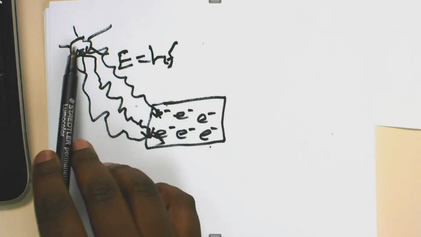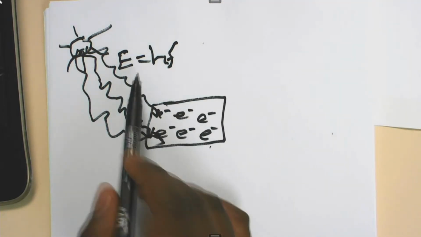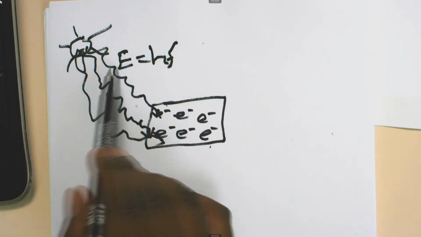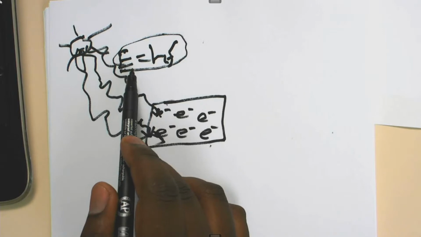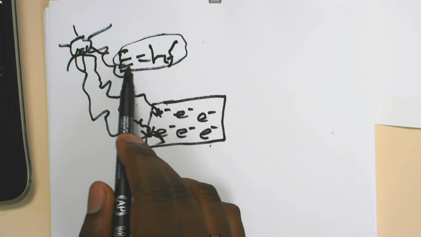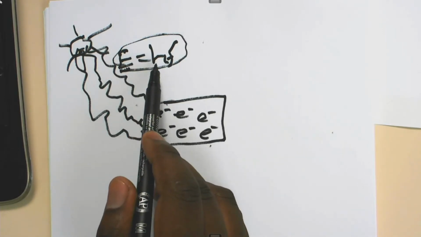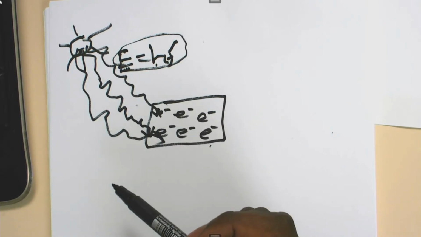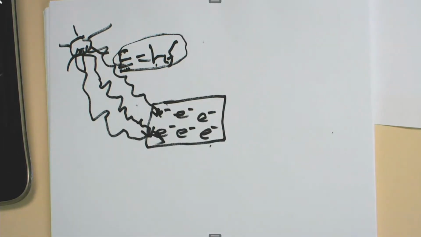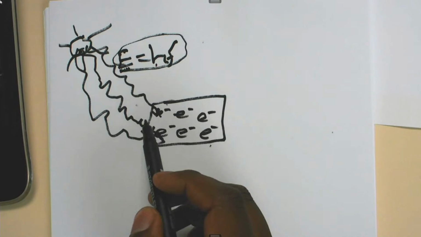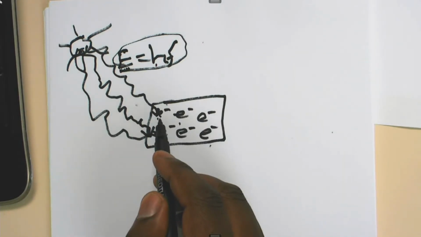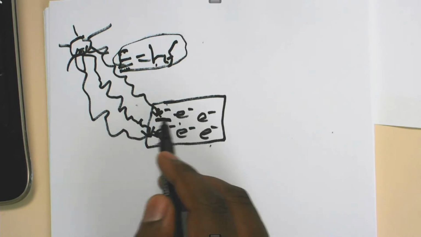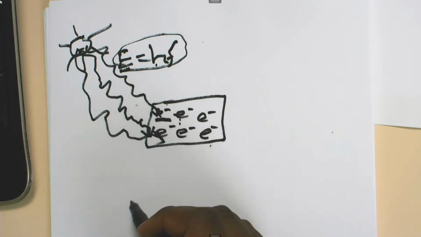So when light is shown onto the metal, the photons move as packets of what? Of energy. The packet of energy is given by E equals Planck's constant multiplied by the frequency. So when these packets of energy reach the metal, the energy will be transferred to the electrons on the metal.